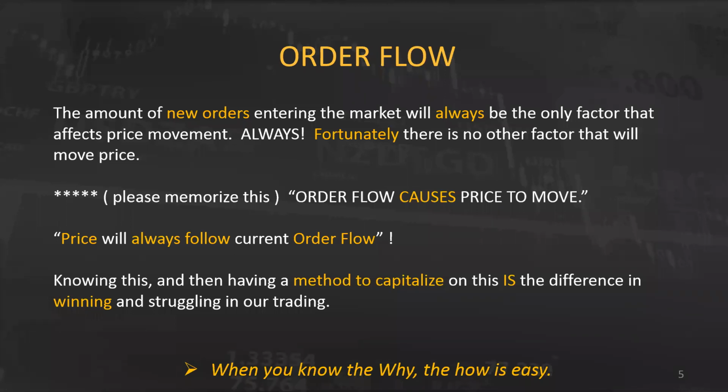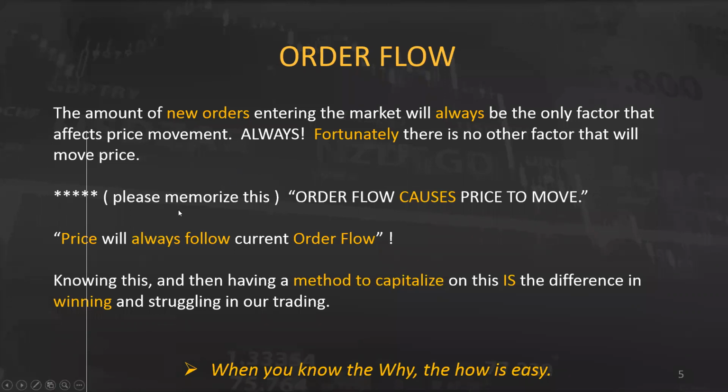Likewise, if we get the orders on the other side and it's an overwhelming amount, we will go down. And price has to respond to order flow. And we're not going to talk about the difference in order flow and volume. Okay, volume could just be people taking profits, and of course then the market will congest.